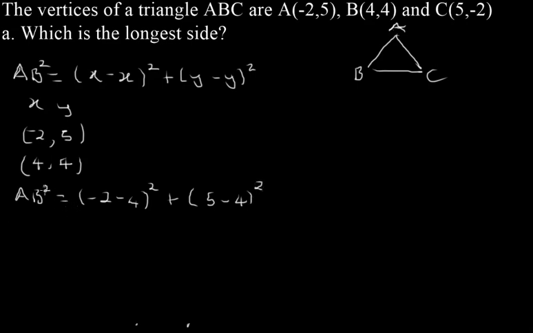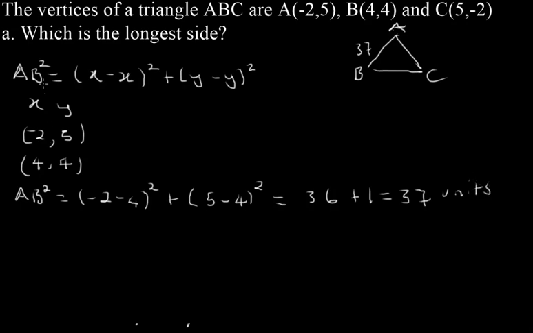So for AB, we are going to have minus 2 minus 4 gives us minus 6, squared gives us 36, plus 5 minus 4 gives us 1, squared gives us 1. So therefore, the length of AB is root of 37 units. So for AB, we've got root 37 units.